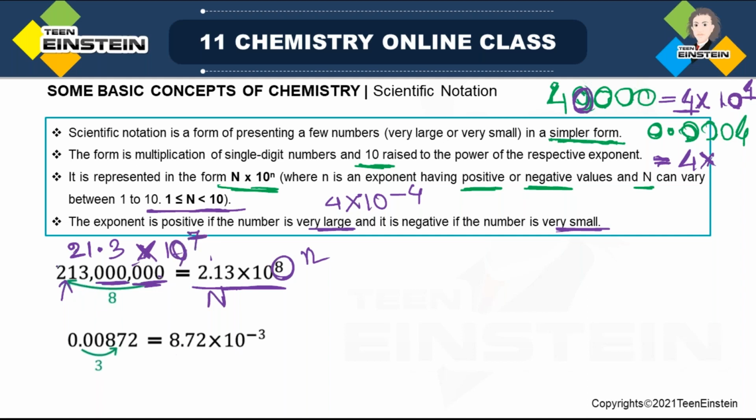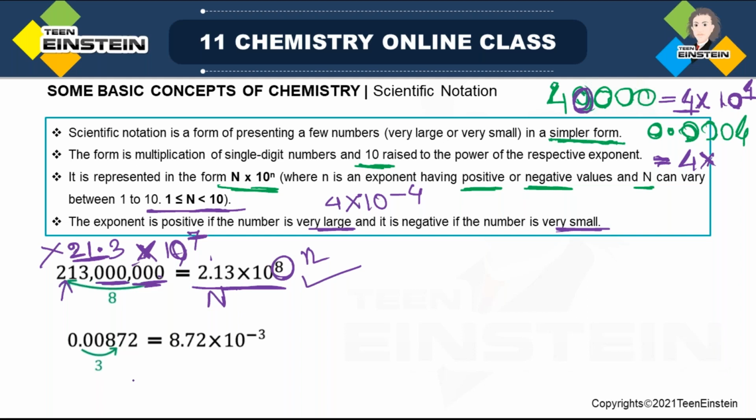But in this case, this is not right. Why? Because capital N value is greater than 10. You have to maintain the condition. It must be lesser than 10 or greater than equal to 1. So that is why this is not correct. This is correct. Similarly, the second one, it is very low value, 0.00872.